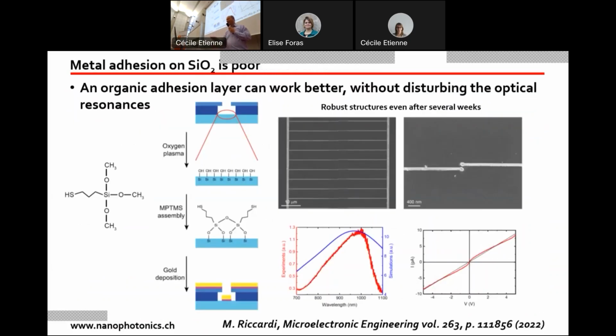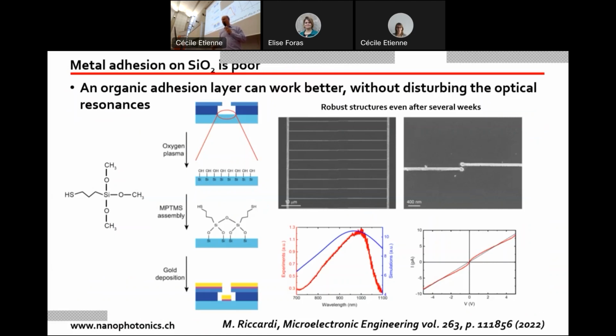So Marco had a great idea of trying to look sideways and look actually at chemistry to help with his problem. And instead of doing like we all normally do, so put a small adhesion layer of chromium here, he decided to put a monolayer of chemical molecules, molecules that will have one hand that would attach to the gold.